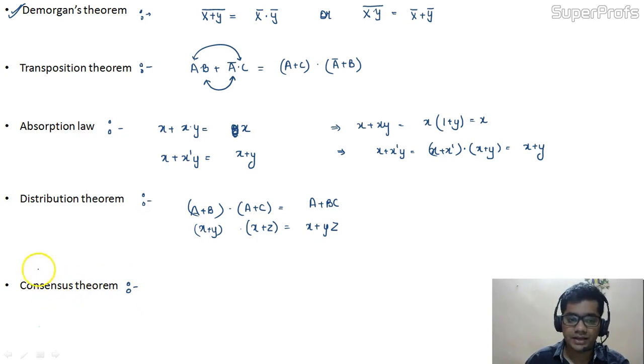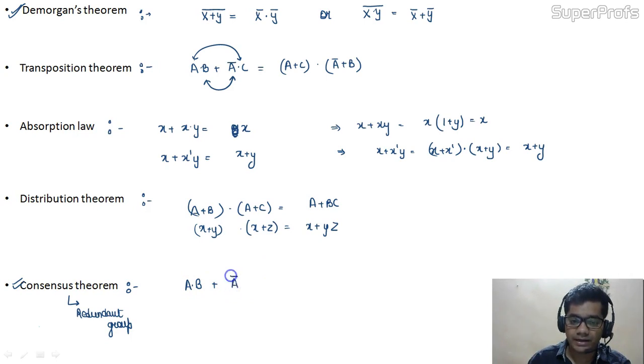The last theorem that we are going to discuss is the consensus theorem. It is used to find the redundant group. So it states that if a variable is associated with another variable, so if it is a dot b, and if the complement of the first variable is associated with another variable, the third term that is constructed by the rest of the variables is our redundant group.